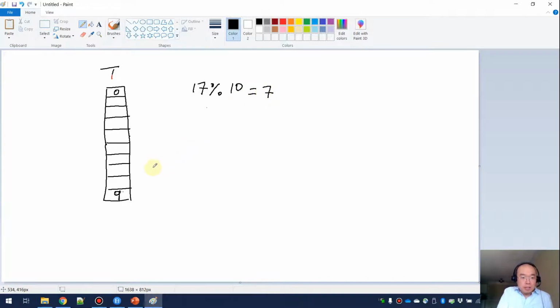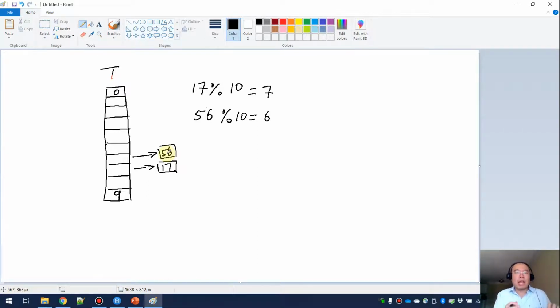This means the 17 should go here. And then if we have a 56, we mod 10 again, so we get a 6. So this means 56 should be here.